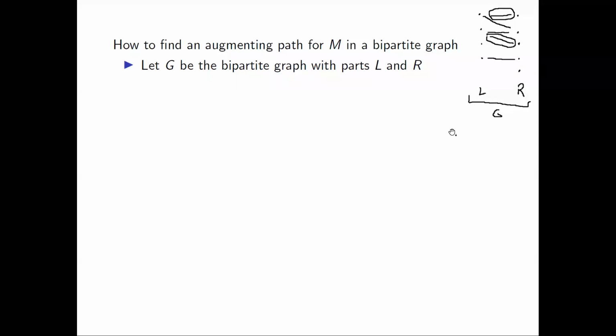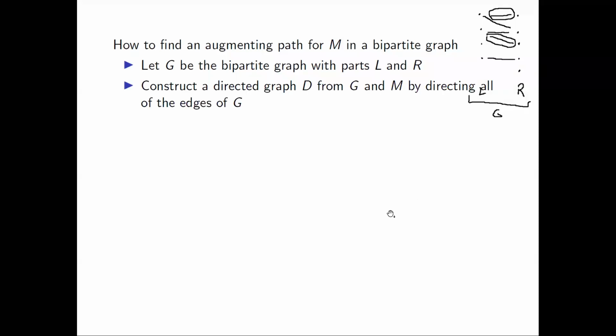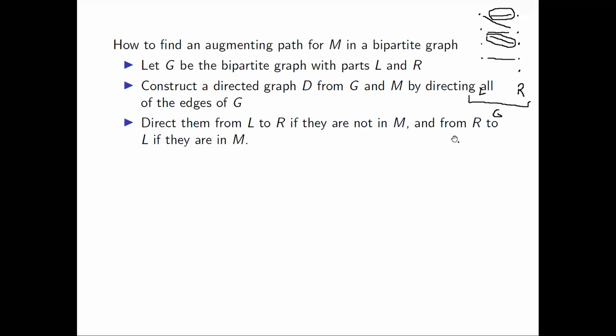And we're going to construct a directed graph from G and M. So our M, we've circled the edges in M. And this directed graph is going to use M to determine the direction of the edges in G. So we will direct edges from the left side to the right side if they are not in our matching.